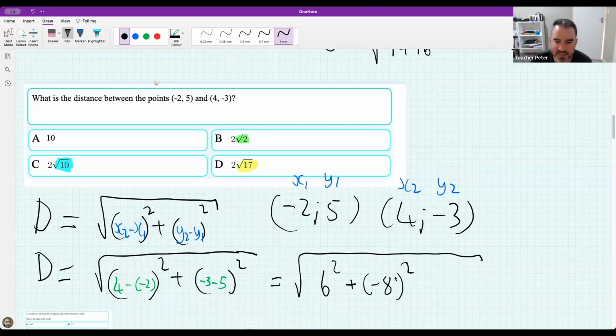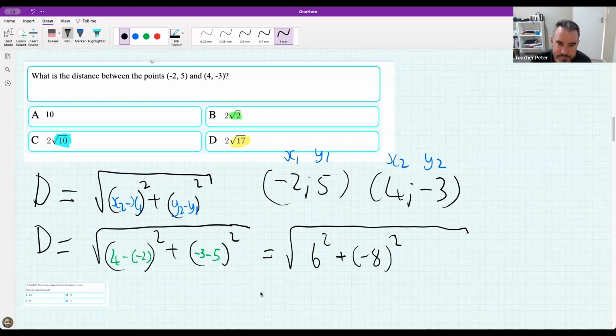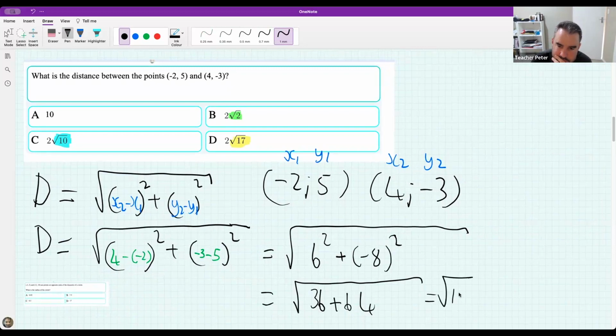There are some sneaky minus signs going on here, though. So which option do we think is the correct one? Which one do we think is the correct one?